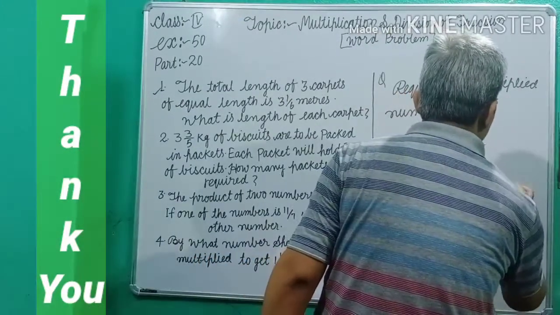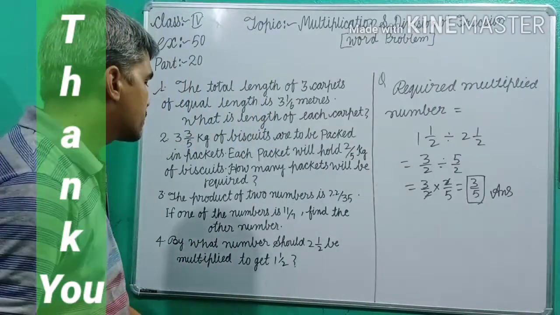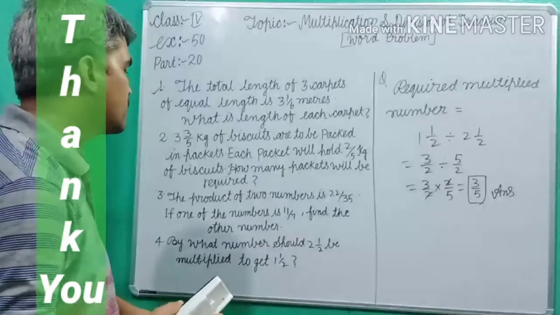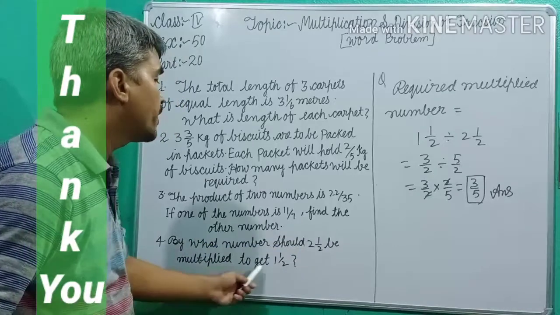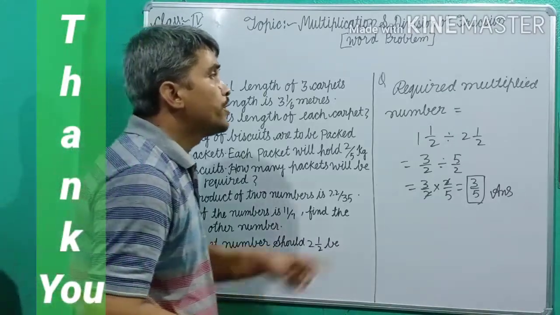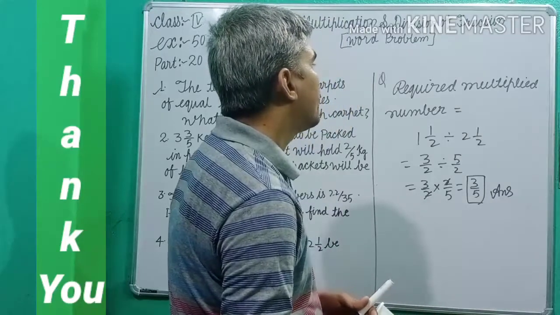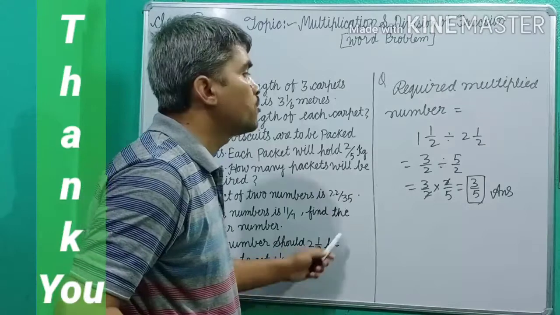Dear students, you know that when the sum of two numbers is given and one number is given, the other number is found by subtracting. By what number should 2 and 1/2 be multiplied to get 1 and 1/2? So required multiplied number is equal to 1 and 1/2 divided by 2 and 1/2.